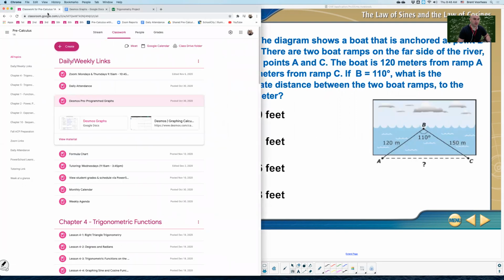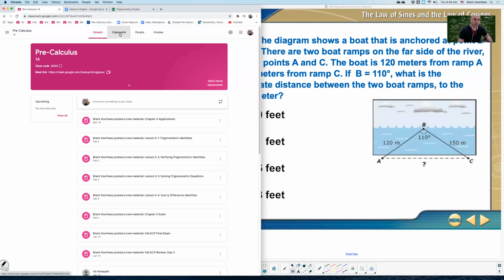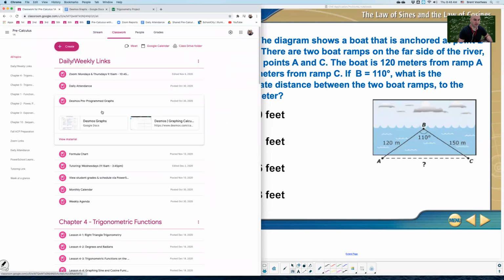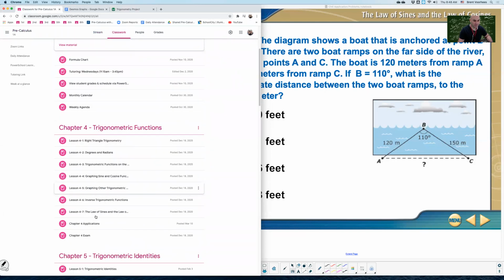So where would you go to get that? If you're in your Google Classroom, I'll just go from scratch. You would click this classwork title right there, go down to Chapter 4, and this Chapter 4 applications.